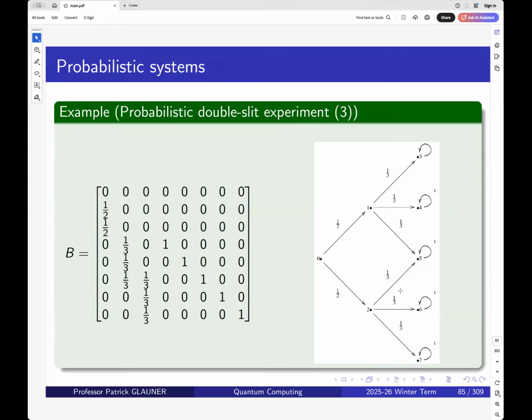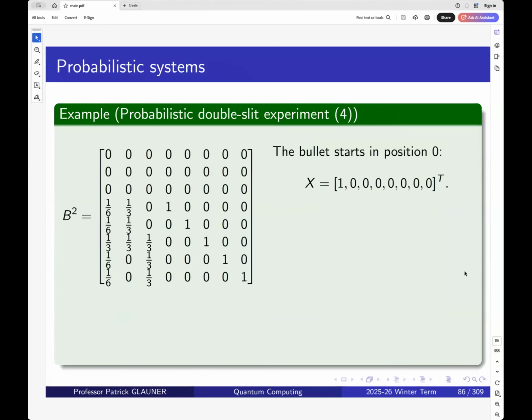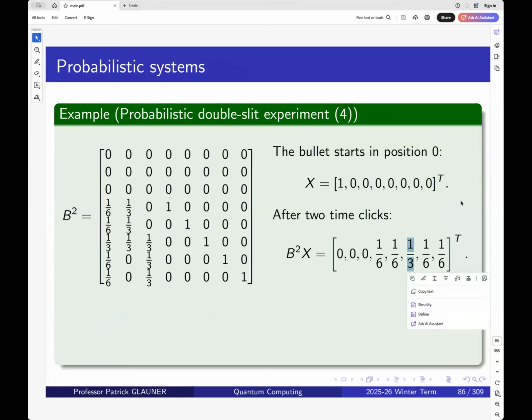Because there are 2 ways how we can shoot into target in 5, either through the top slit or the bottom slit. So the probability that the bullet ends in 5 is greater than in the others. So that's why this 1/3 here refers to position 5, which is this middle target, which we can reach through both the top and the bottom slit.